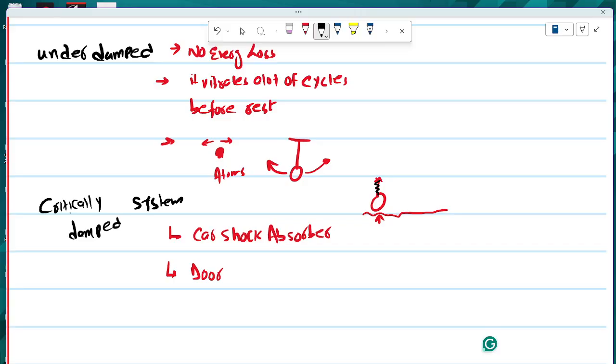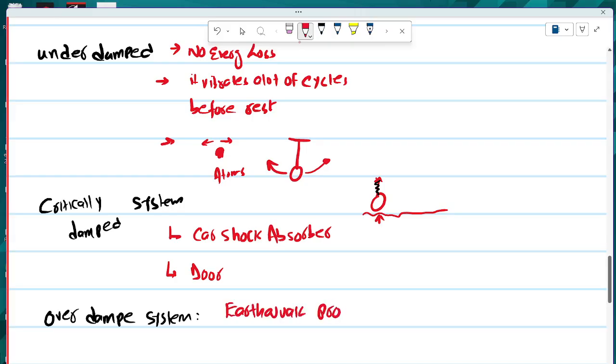And for the case of the overdamped system, we may have a lot of different examples like hydraulic systems and seismic vibration in buildings. So there are earthquake-proof building structures.